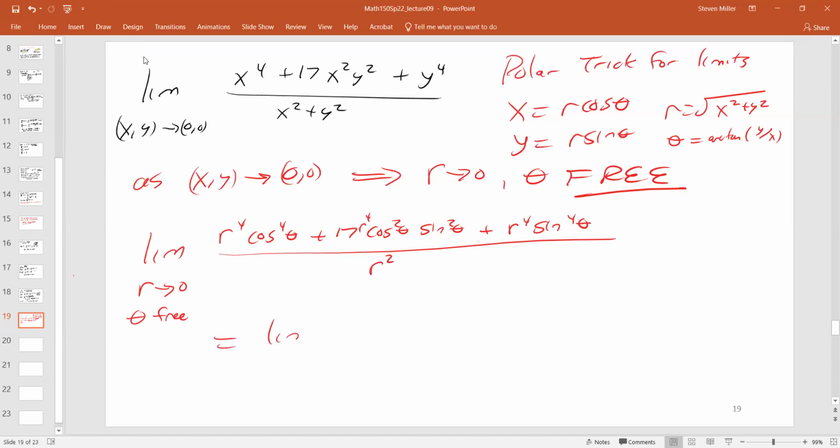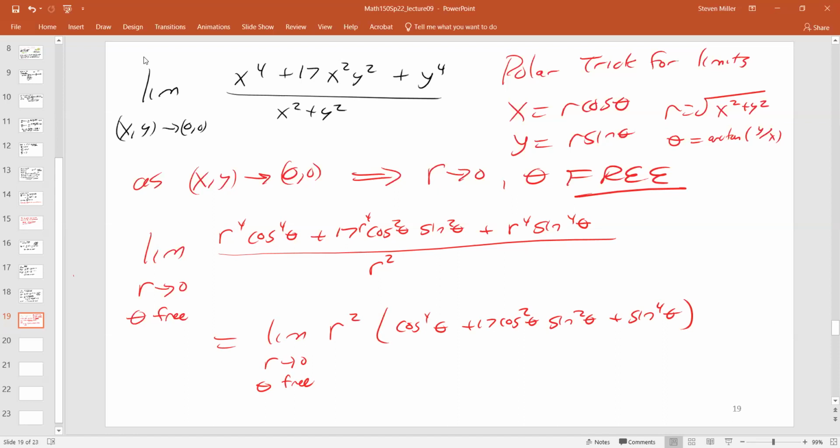So this is the same as the limit as r goes to 0, theta is free, of r squared times cosine to the fourth theta plus 17 cosine squared theta sine squared theta plus sine to the fourth theta. Because in the numerator every term has an r to the fourth, and the denominator has an r squared.